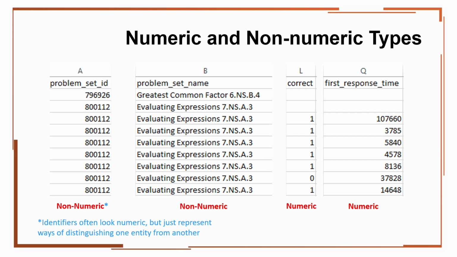But it wouldn't make much conceptual sense to compare these using inequalities or to apply arithmetic operations to their values. For example, in column A here, we typically wouldn't say that problem set 796926 is less than problem set 800112. The two values are just used to uniquely identify these two assignments.